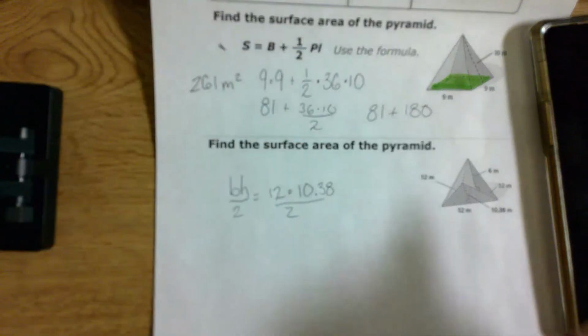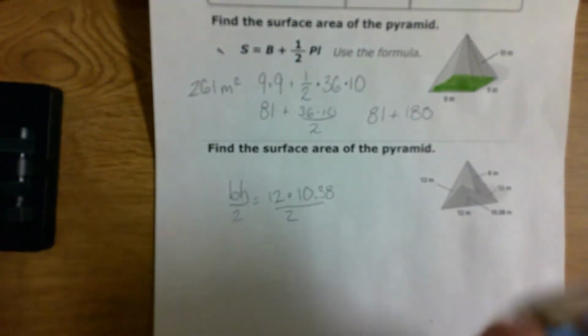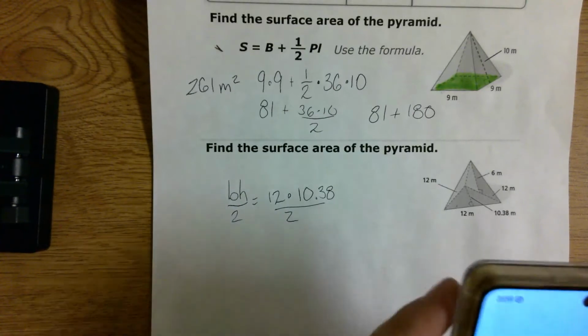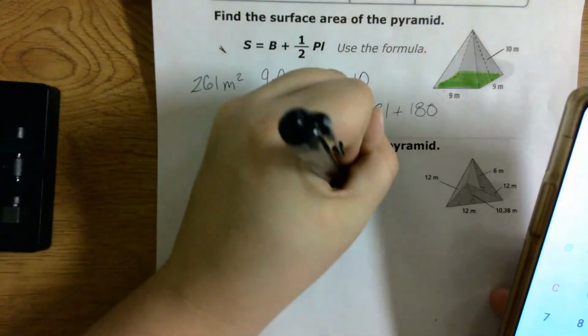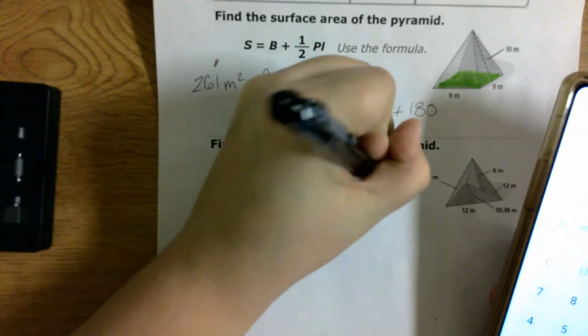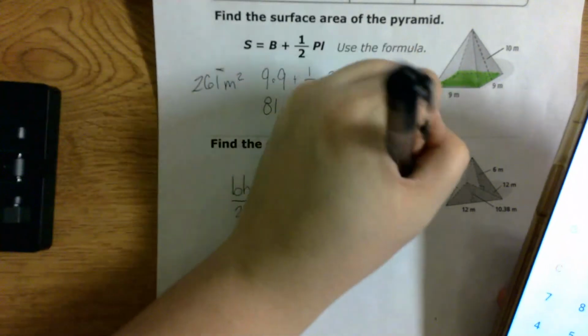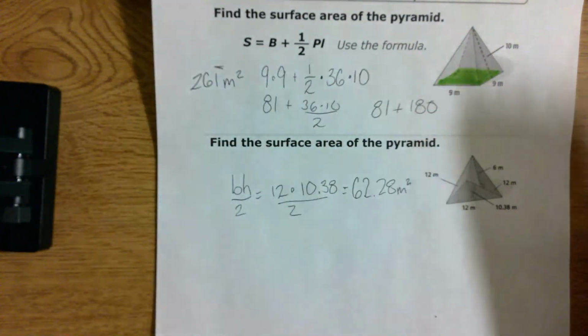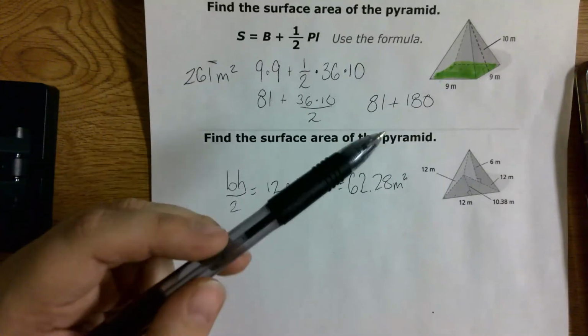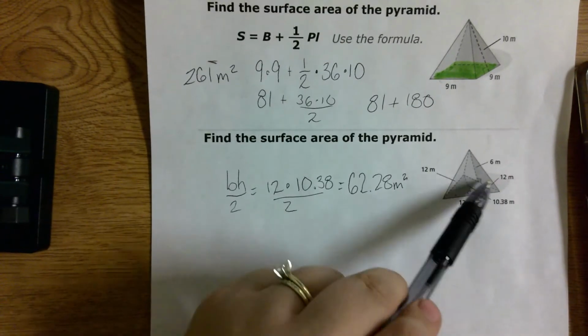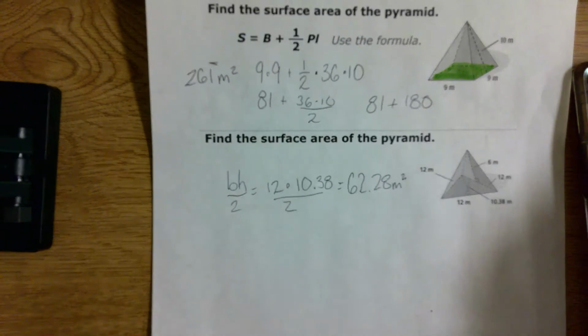Make sure I multiply to get my new capital B base. 12 times 10.38 divided by 2 gives me 62.28 square meters for my base. And then the perimeter, 12, 12, and 12. So that's 12 times 3.